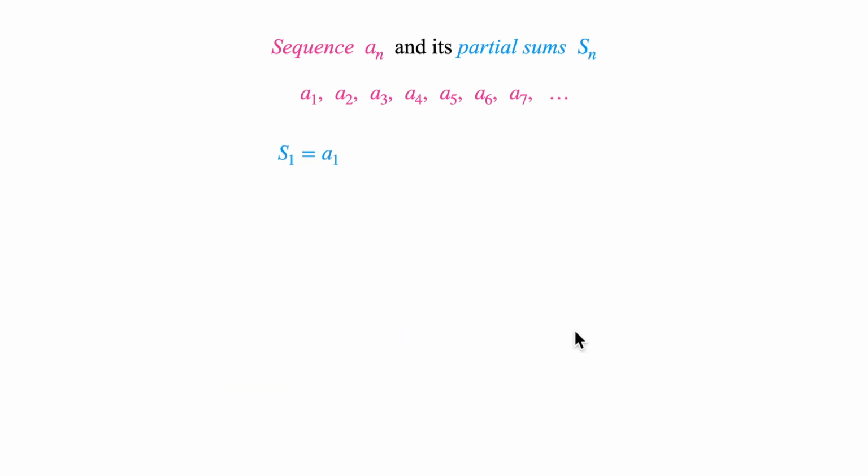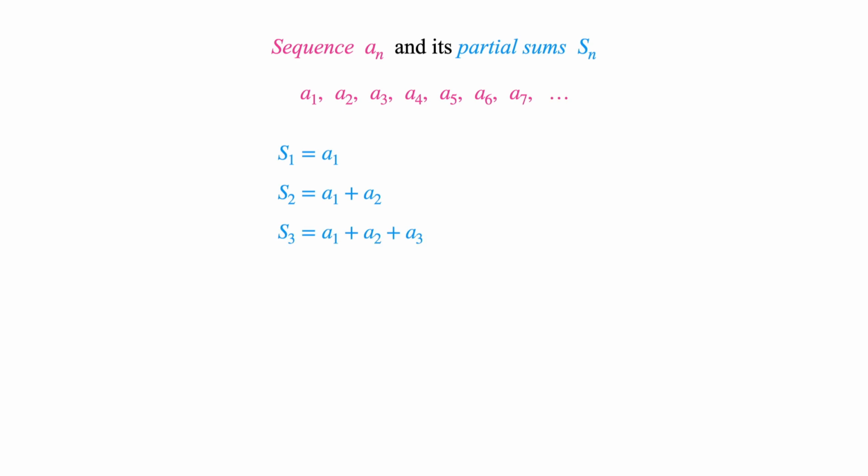And in order to formalize this concept of sum of all the elements in the sequence, we introduce the concept of partial sums of a sequence. And this partial sum looks like this. So the first partial sum is simply the first element of the sequence. The second partial sum is the sum of the 2 first elements.